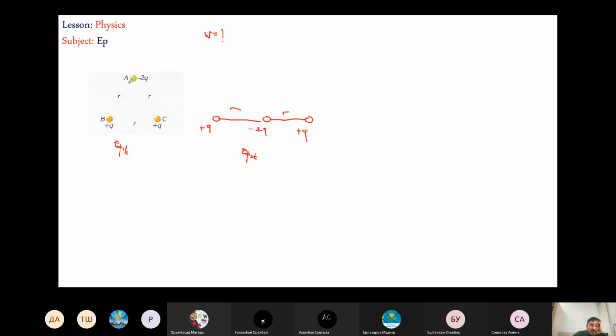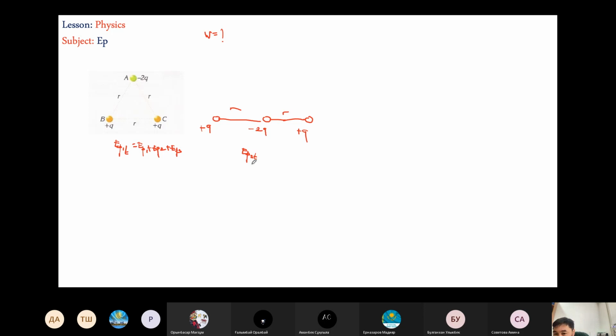Яғни үшеуін бірге бір формулаға қосып, K times Q1, Q2, Q3 деп есептей алмайсың. So, I mean, the potential energy at first triangle will be the sum of three potential energies. Potential energy 1, potential energy 2, and potential energy 3. Дәл солай мына жерде де.